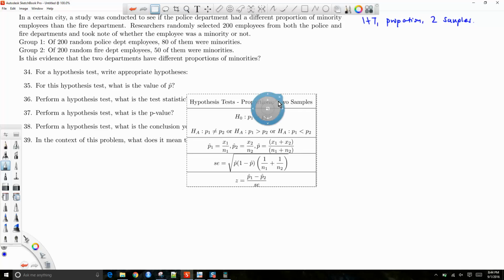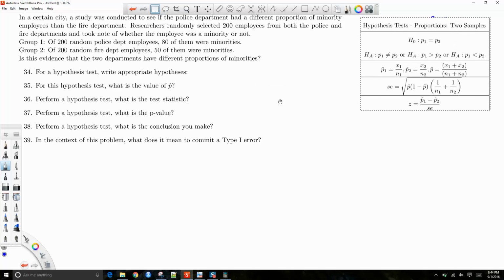And so again, I like to just go through the problem and label all of my values. Sample 1 will be police, and sample 2 will be the fire department. We've got a total of 200 people in the police department.